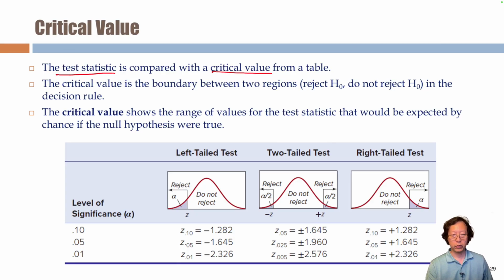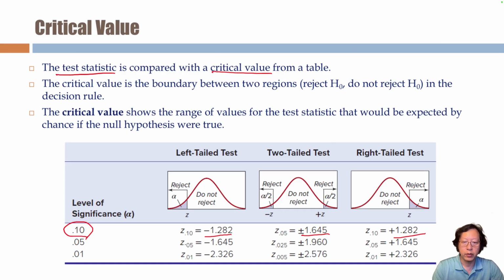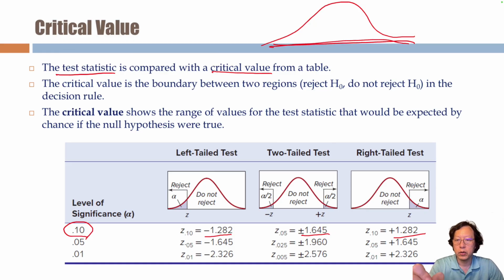So you can see this number and this number, but actually you can find this number from the z table. So the level of significance is 10%.